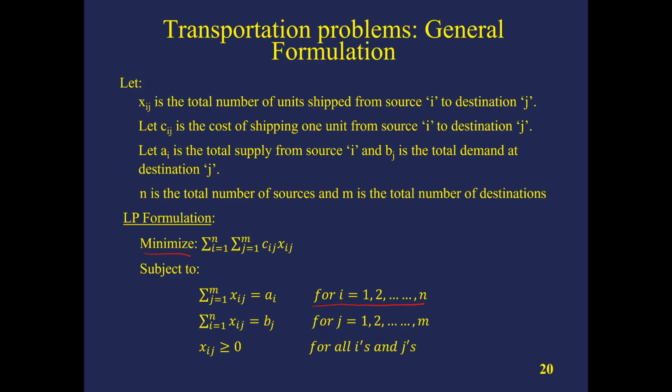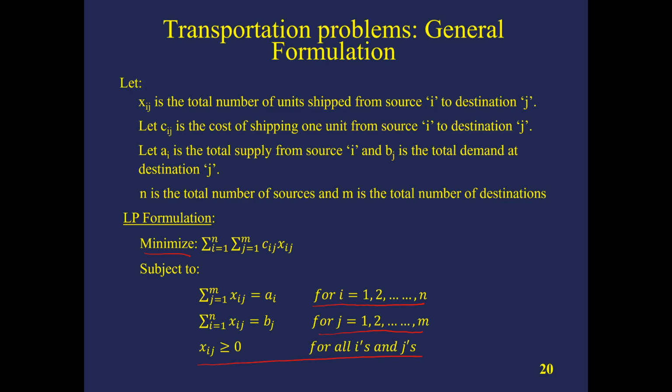And again, the sum over i equal to 1 to N of Xij should equal Bj, for j equal to 1 to M. When you vary j from 1 to M, the summation should equal Bj, which is the total demand at destination j. And Xij is greater or equal to 0 for all i's and j's.